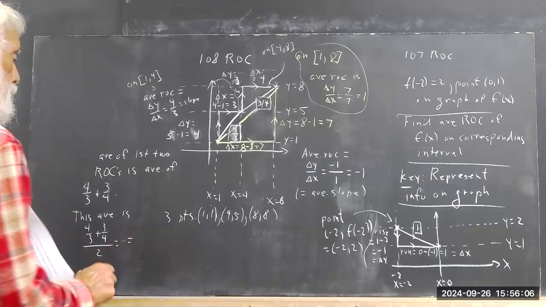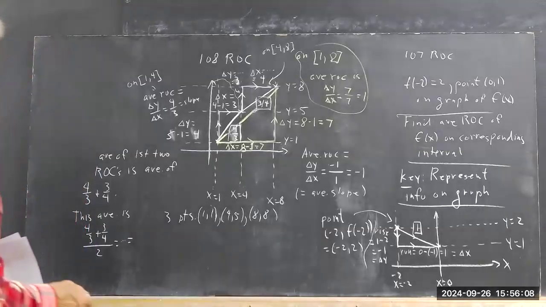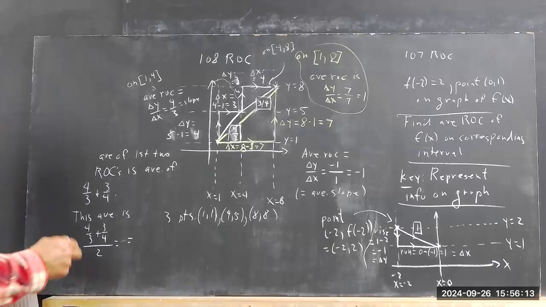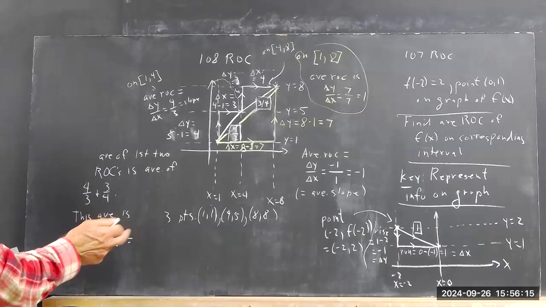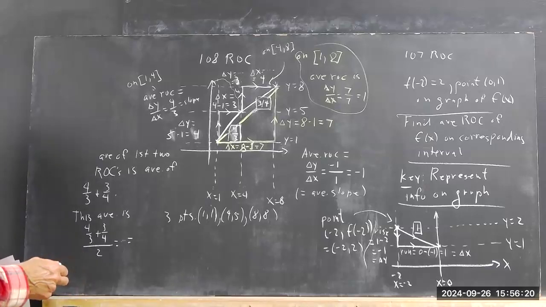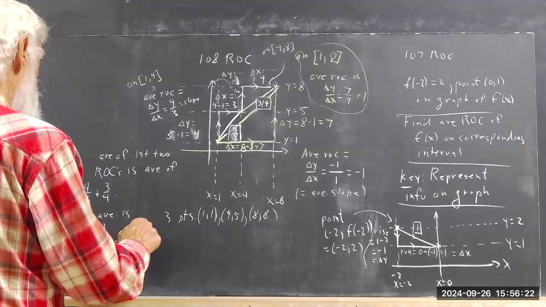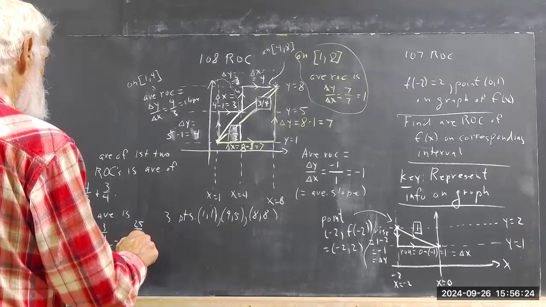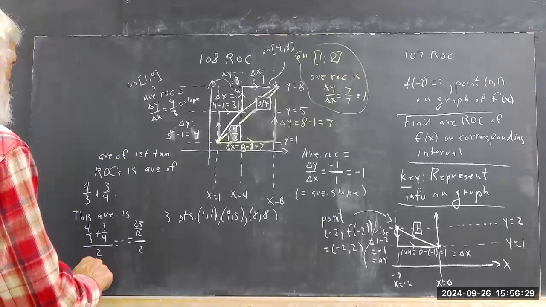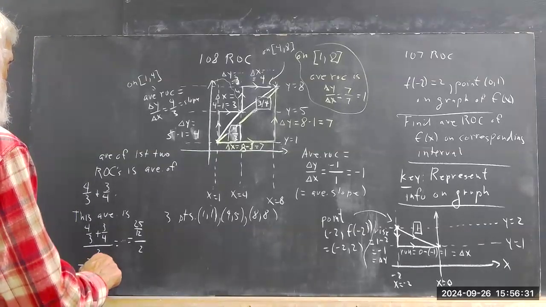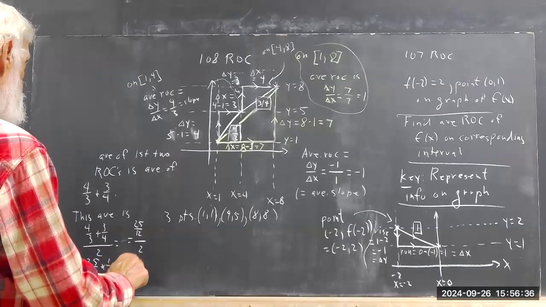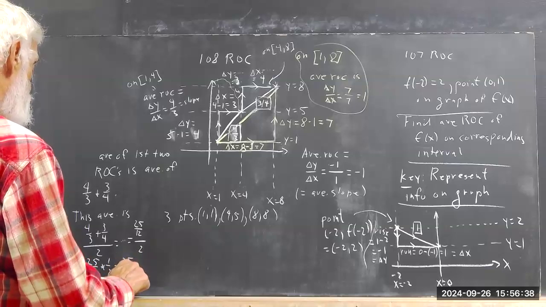Well, you do need fractions, we emphasize that. 4/3 is going to be 16/12 and 3/4 is going to be 9/12. So that's 25/12 divided by 2, which equals 25/12 times 1/2, which is 25/24.